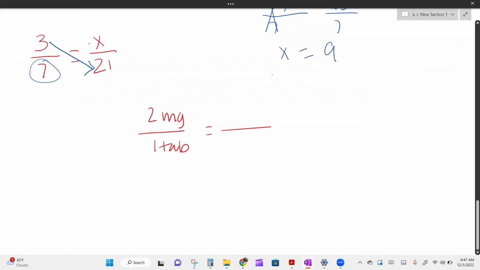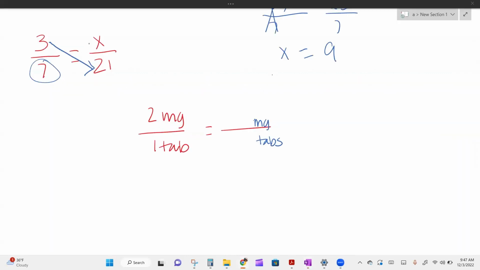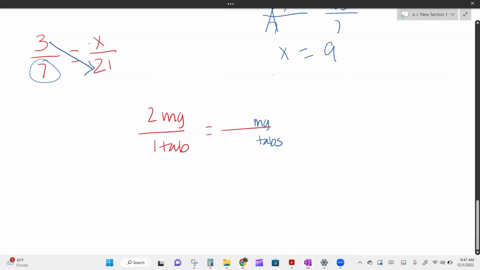So, and that's going to be important when we get into a little more difficult. So if I have milligrams here, I have to have milligrams here. If I have tabs here, I have to have tabs here. It's asking me how many 2 milligram tablets do I need to fill a 4 milligram order.